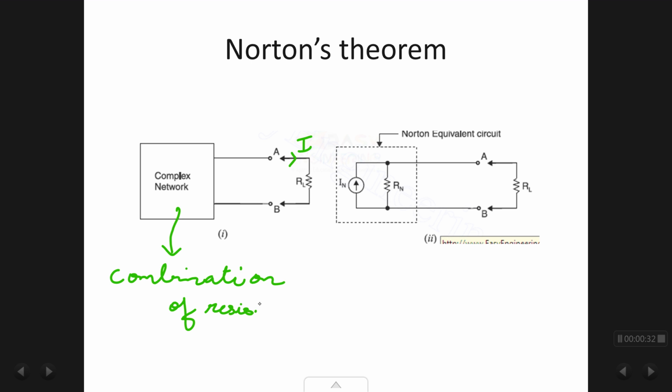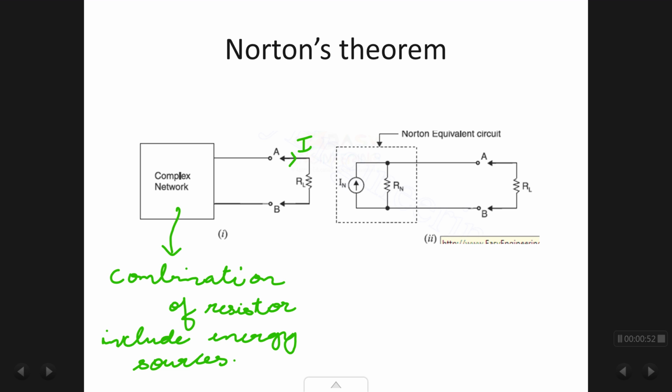The combination can be series, parallel, star, delta, or any kind of combination which can include energy sources.